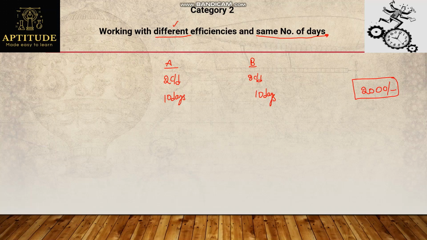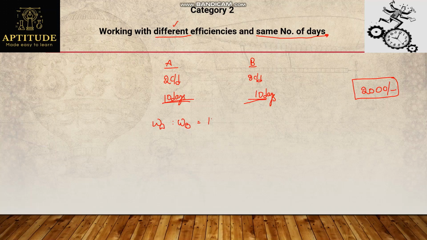And in what ratio will the salary be divided now? If you observe here once again, I need to find out the work ratio, right? Why? Because based on work itself, the salaries will be divided. Whenever I am finding the work ratio, there is no need to consider the number of days.